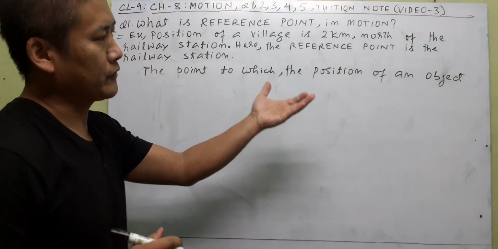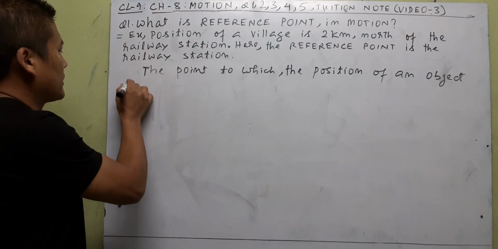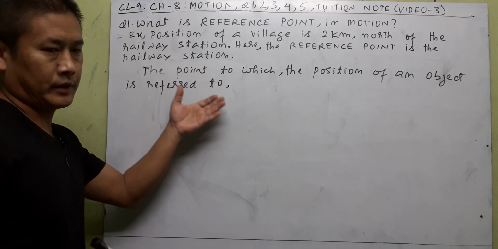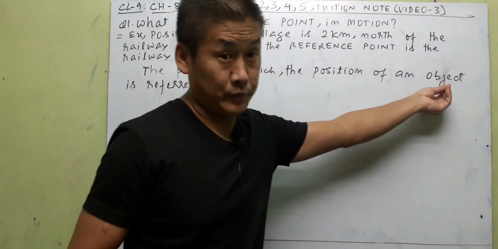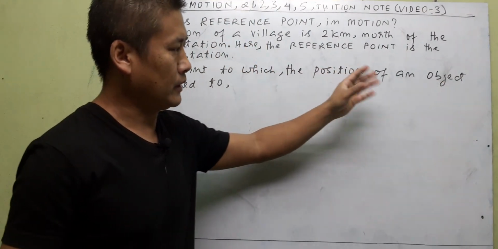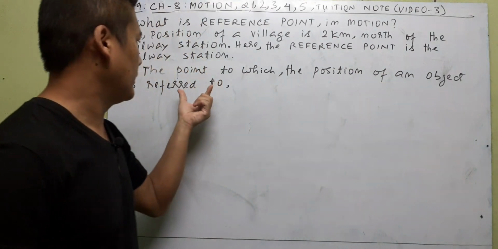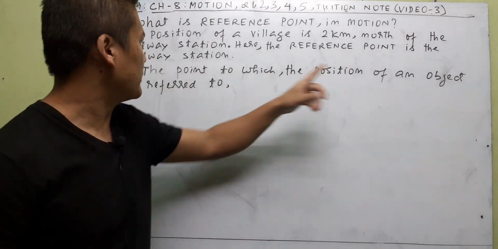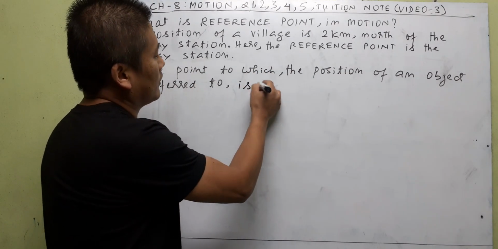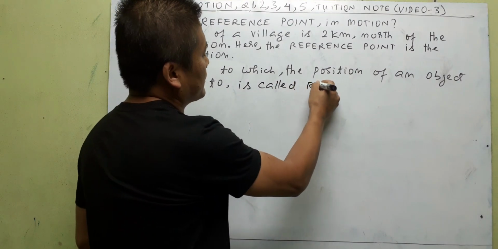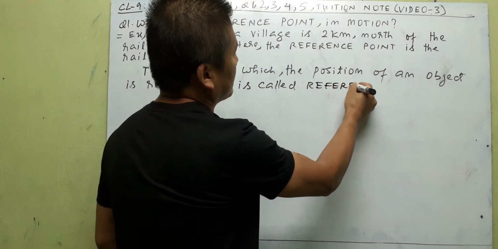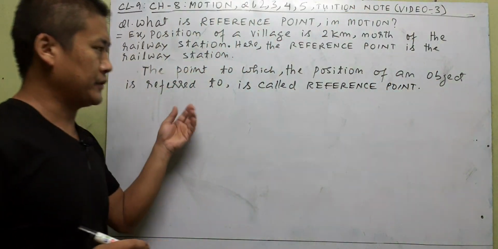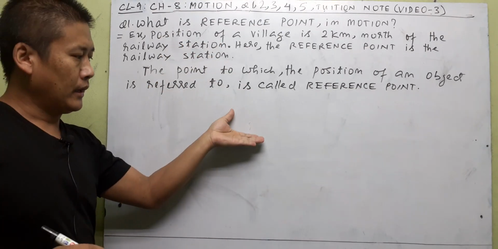The point to which the position of an object or even a location is referred to, so that it will give meaning to the position of that object. The reference point will give meaning to that object that we're going to discuss, right? The point to which the position of an object is referred to is called the reference point. So that's the first term that we're going to learn as we start the chapter motion.